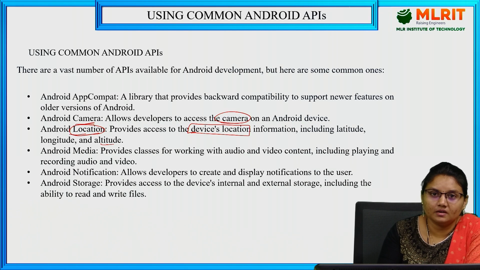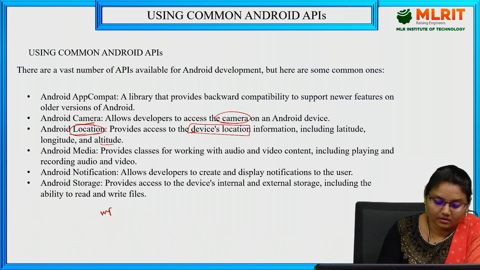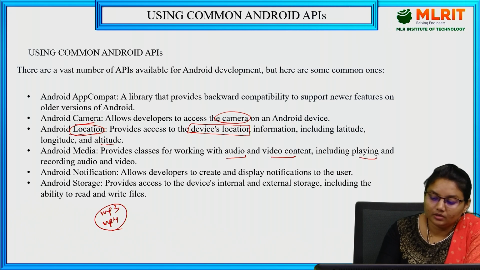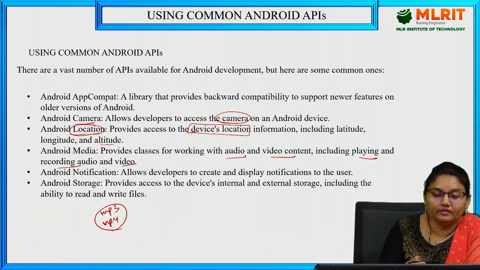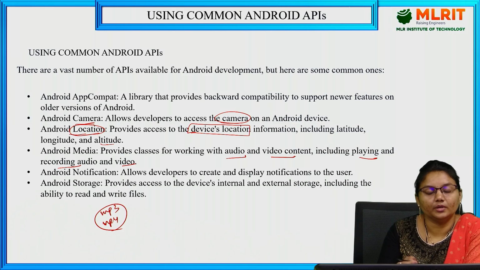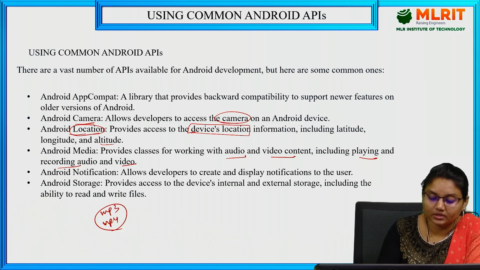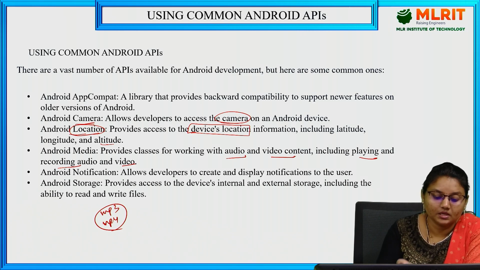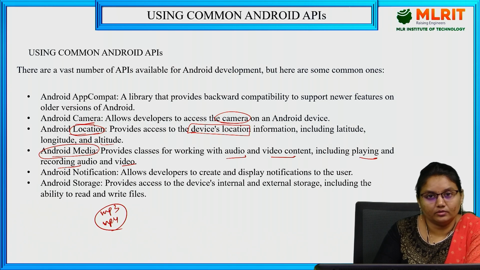What is media? Media means anything, video, MP3 or MP4, anything. It provides the classes for working with audio and video content, including playing and recording audio and video. So you should be able to record, play, display and load images, and play audio and video files. All such things can be done by using this Android media API.